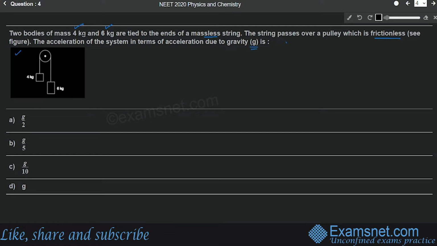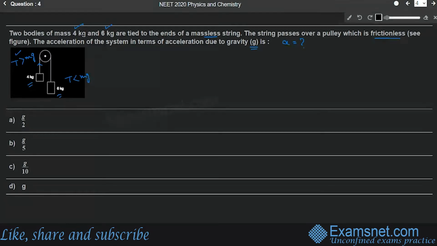So we have to find the value of a in terms of g. Now we can see here M1 is 4 kg and M2 is 6 kg. In the first case, that means in 4 kg, we can see the tension in the string is greater than the weight. So here T is greater than mg, whereas in the second case, mg is greater than T. That means T is less than mg.